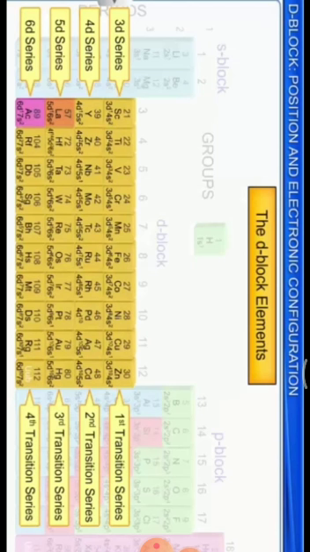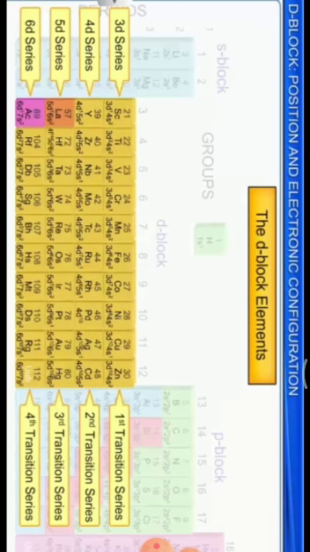Now the electronic configuration of scandium is argon 3d1 4s2, titanium argon 3d2 4s2, vanadium argon 3d3 4s2, chromium 3d5 4s1, manganese 3d5 4s2, iron 3d6 4s2, cobalt 3d7 4s2, nickel 3d8 4s2, copper 3d10 4s1, zinc 3d10 4s2.